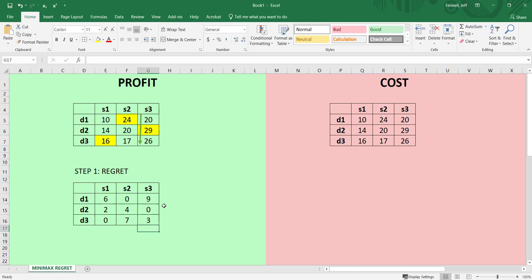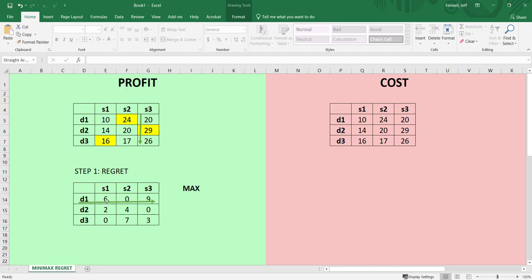But now, for the second part of the table, we are looking for the maximum regret. Okay, the maximum value here. But now we are going, once again, row by row.